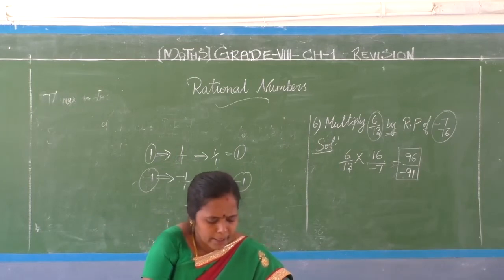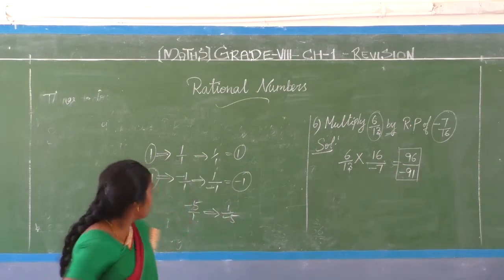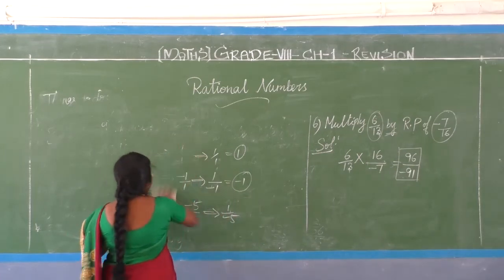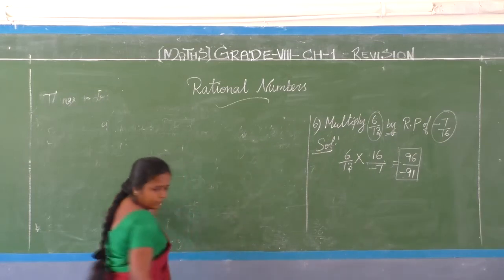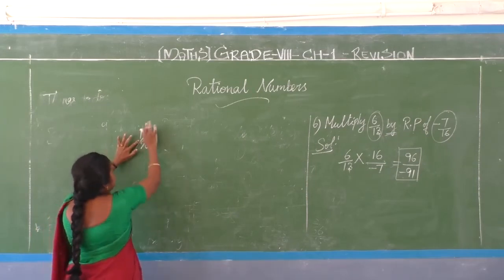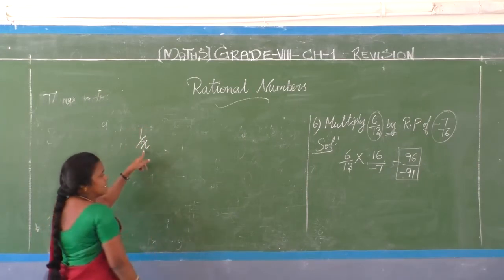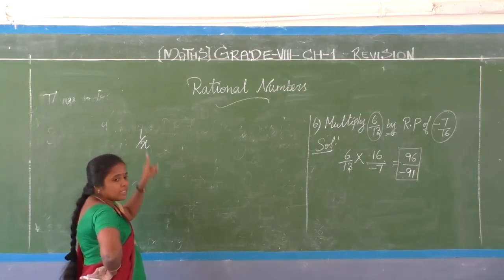Then, reciprocal of 1 by x, where x is not equal to 0, is dash. Reciprocal of the rational number 1 by x, where x is not equal to 0. They are asking reciprocal of 1 by x. Yeah, this is a rational number only. Rational number means what is the main condition? The denominator must not be equal to 0.